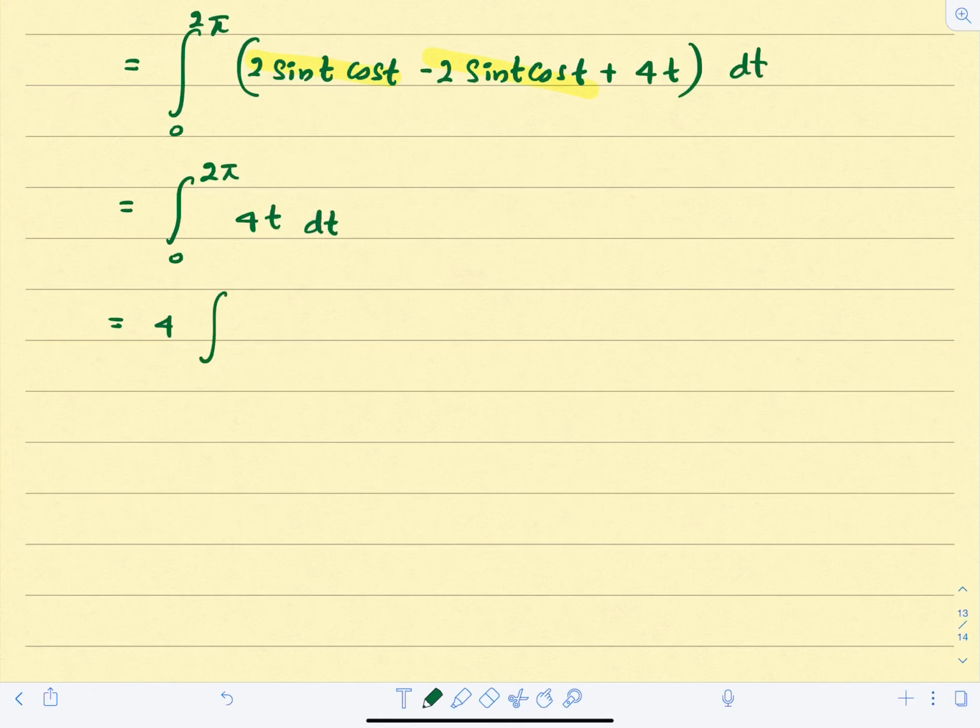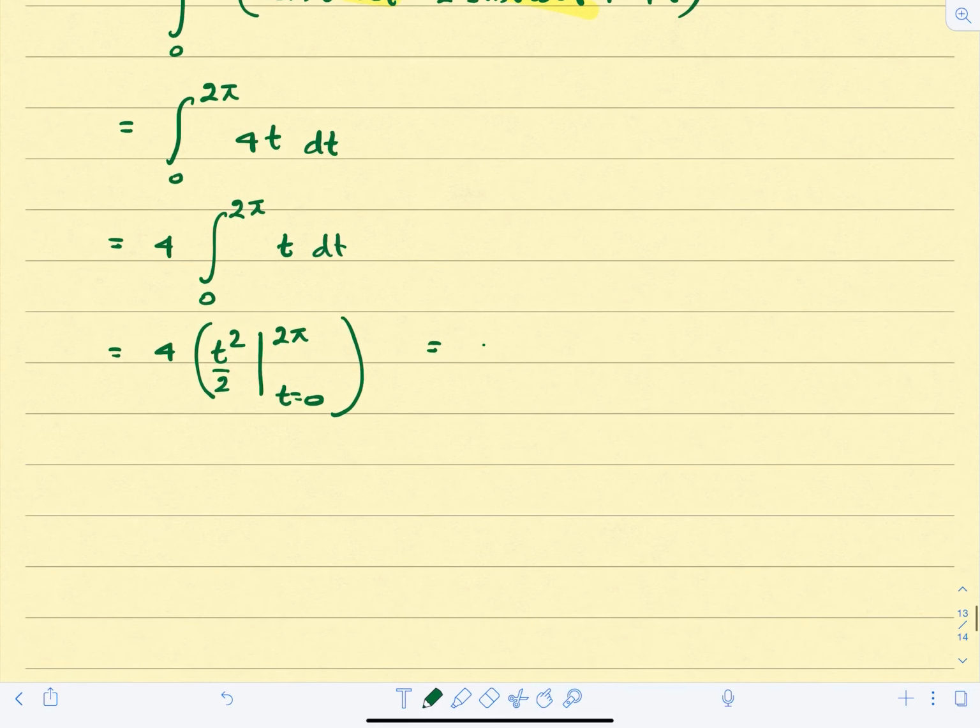We can take 4 out from the integral. Integral of t is t squared over 2. Lower limit is 0, upper limit is 2 pi. Okay. And if you apply the upper limit, you will get 2 pi squared over 2 minus the lower limit which is 0.